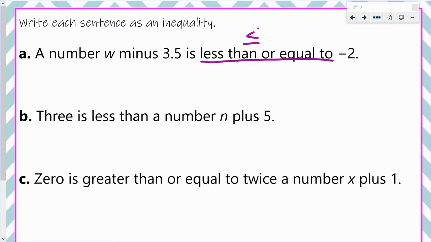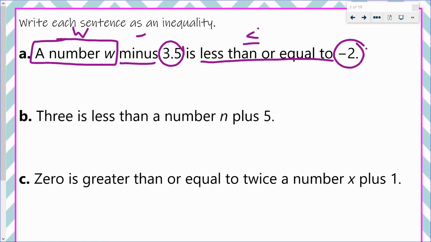I do like to then box my variable. So a number W, that's my variable. I'm also going to underline minus because that represents subtraction. A number W represents W. And I'm going to circle any numbers that I need. I'm going to circle my 3.5 and my -2. I'm going to put 3.5 here and -2 here.